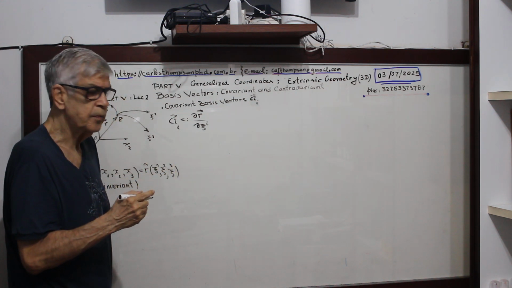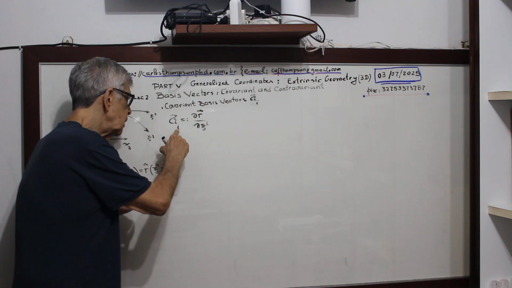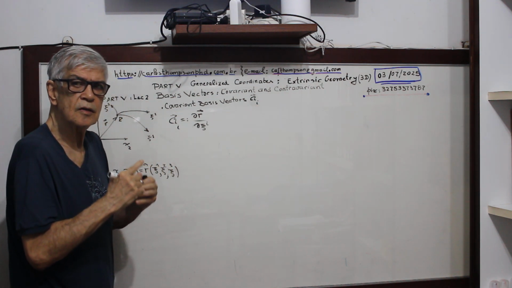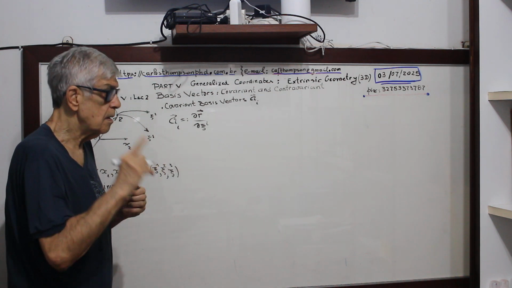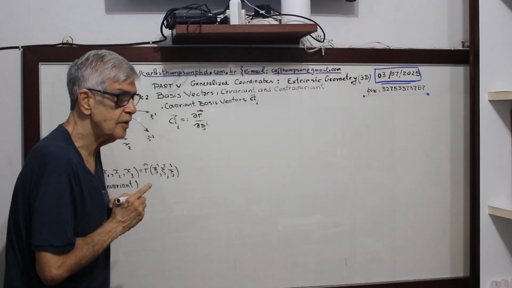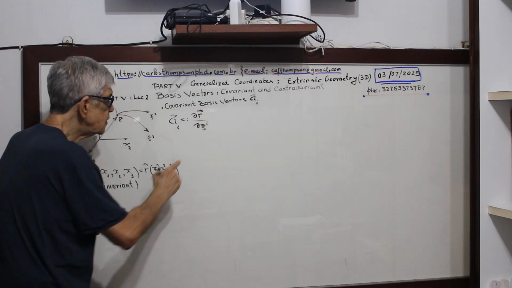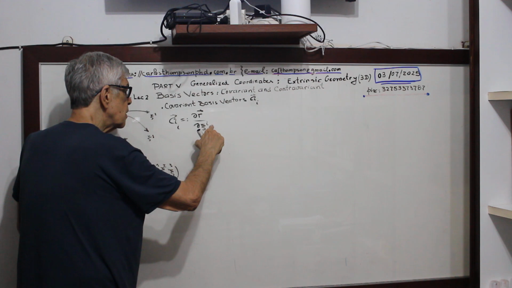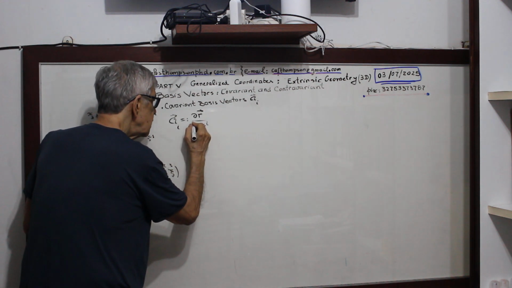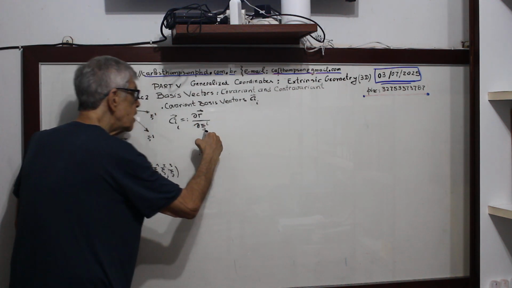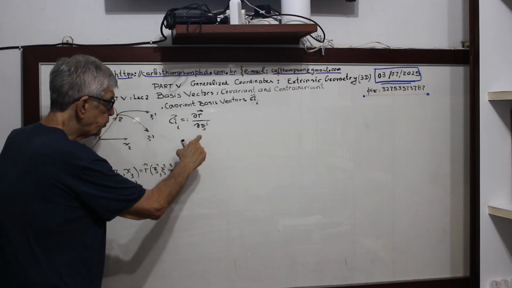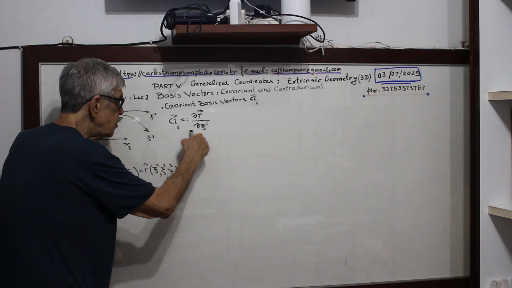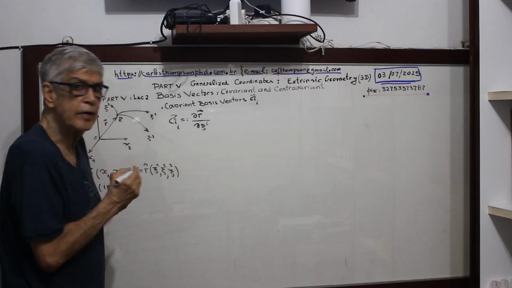By definition, when you see a lower index, you just say it is covariant. But there is a trick here. This i over here is upper, but it is in the denominator. So I can define this as covariant.